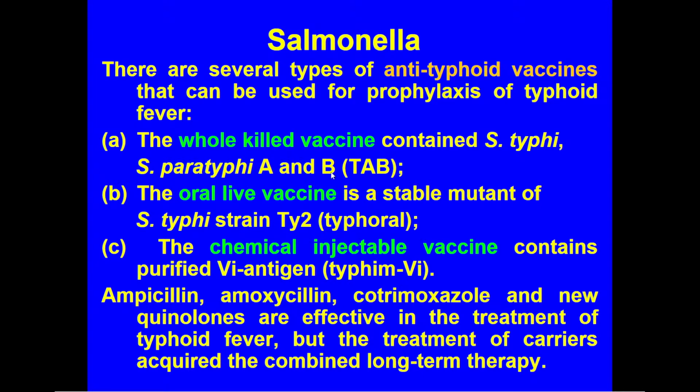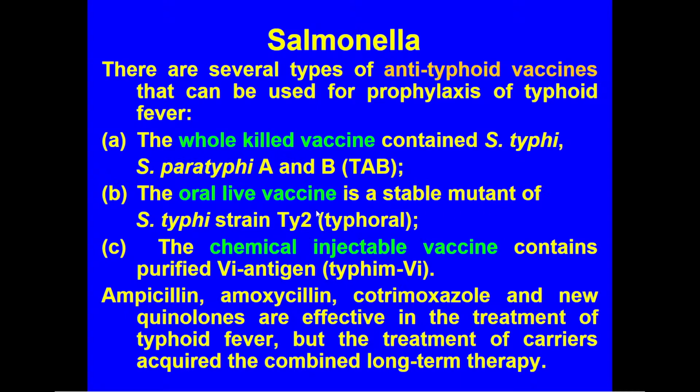So, there are several types of anti-typhoid vaccine that can be used in prevention. The whole-cell killed vaccine, the very old one, is called TAB, the vaccine against Salmonella typhi, paratyphi A and paratyphi B. Then the newer one is the oral live vaccine.